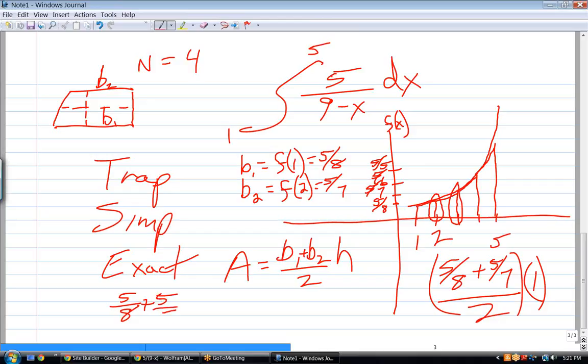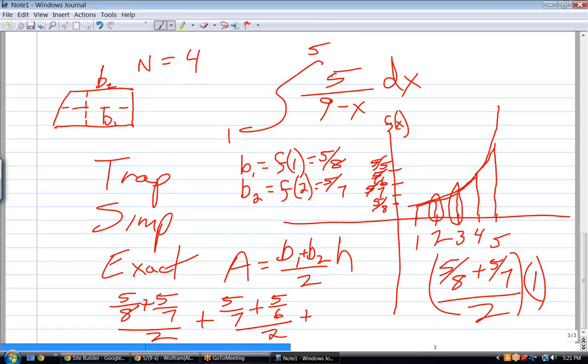5/8 plus 5/7 divided by 2, that's the area of the first trapezoid, plus 5/7 plus, and this height here is 5/6, plus, so that's that one, that one.